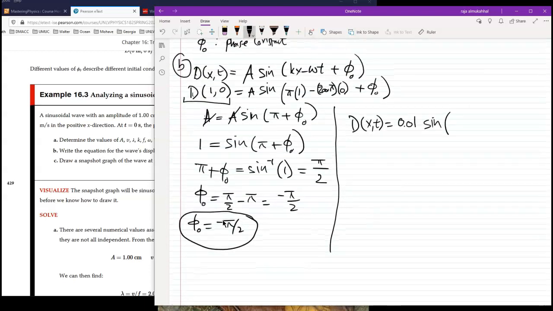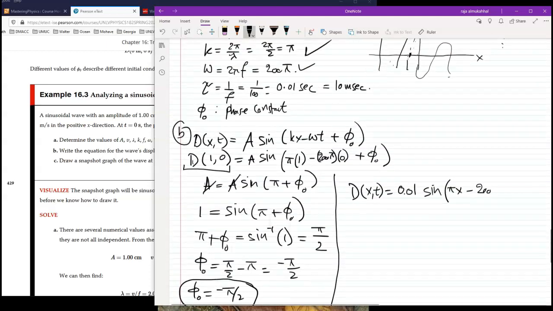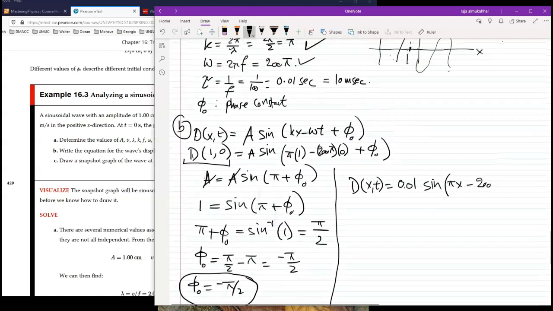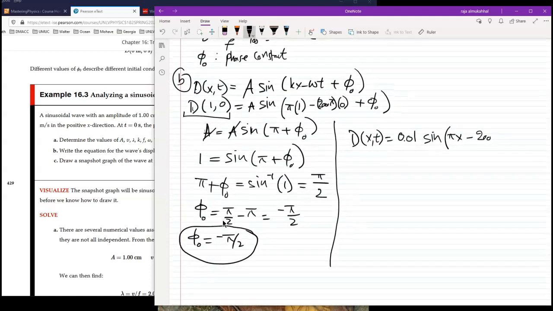So we have here pi x minus 200 pi t, 200 pi t, minus pi over 2, okay?